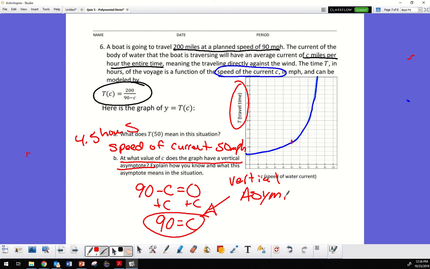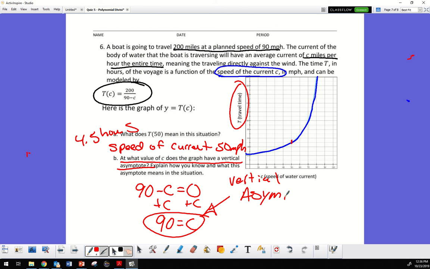So let's take a look at this. Why is there a vertical asymptote there? We've got to go to the word problem for this one. You've got to read through it. The plane will go how many miles per hour?